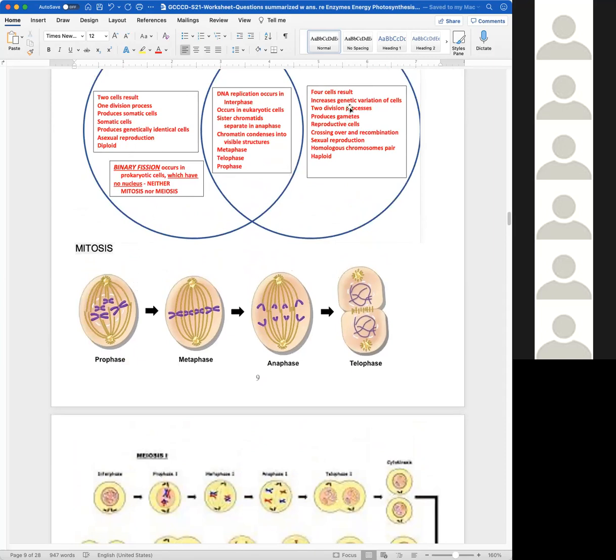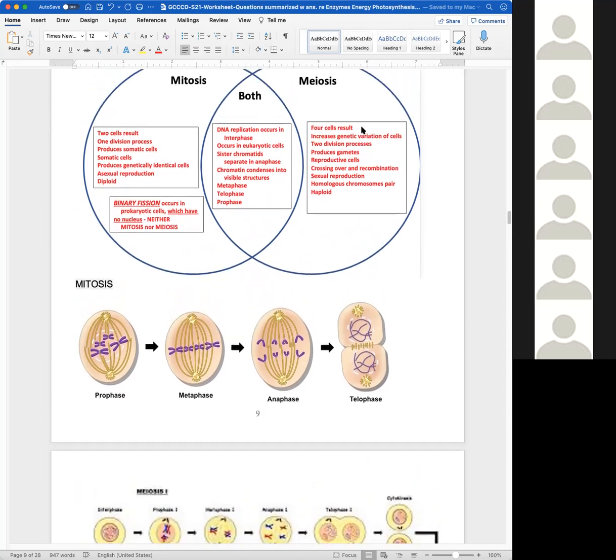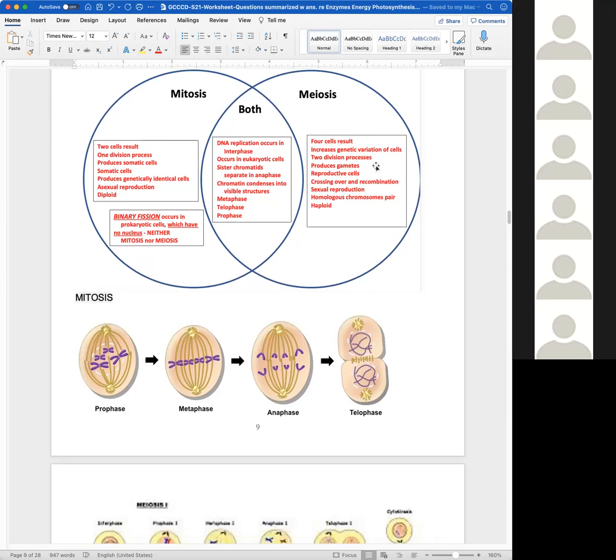There are 2 divisions in meiosis. Mitosis is somatic and produces genetically identical cells, whereas meiosis produces gametes, reproductive cells. Mitosis is asexual, meiosis is sexual and is haploid.